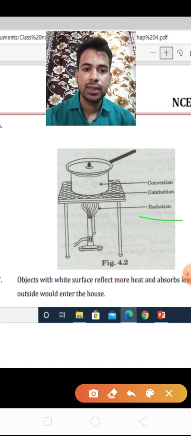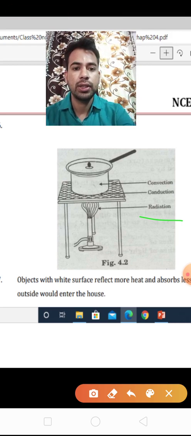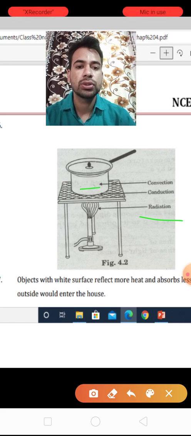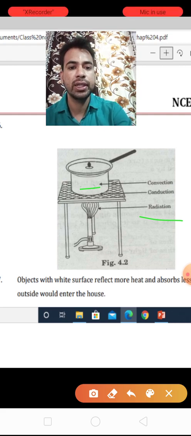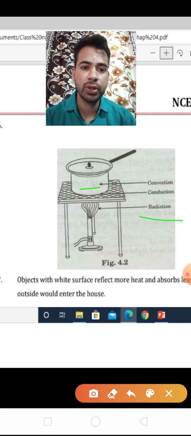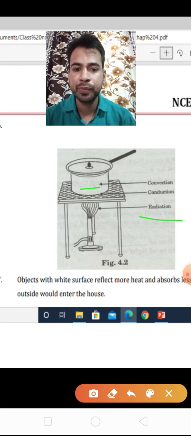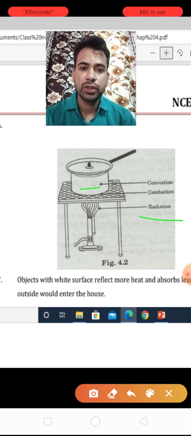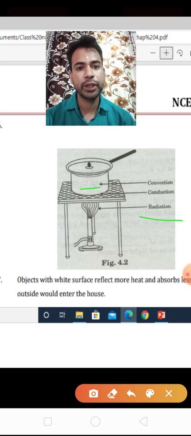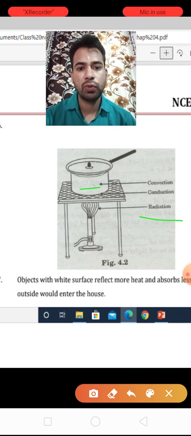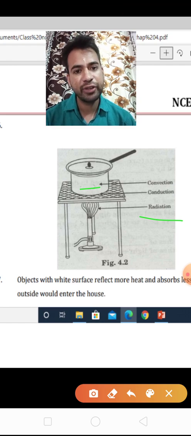Second, you can see a pot; the pot is conduction because it is solid. And convection in water, because convection occurs in water. So the flame is radiation, the pot is conduction, and the water in the pot is convection.